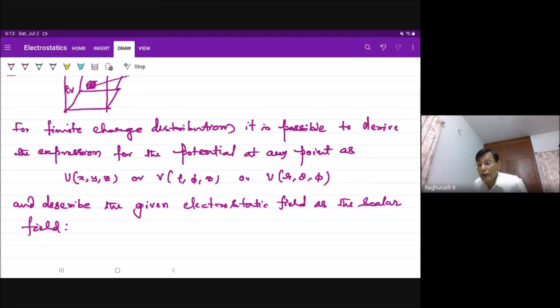If we know the expression for the potential at any point in the field, it is possible to determine the electric field intensity at any point in the field as the negative of the gradient of potential at any point.